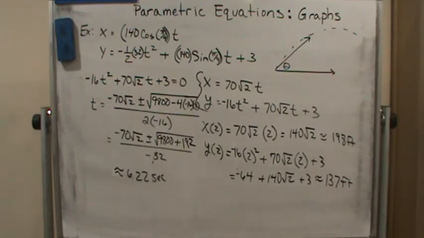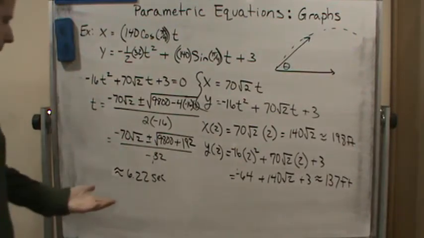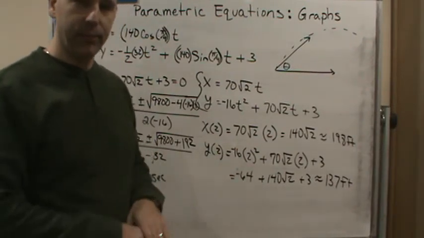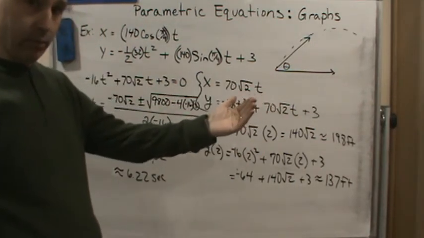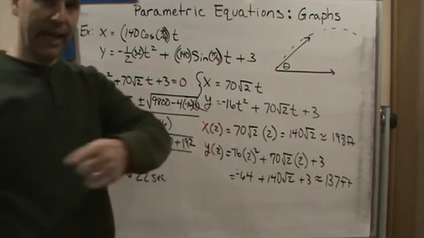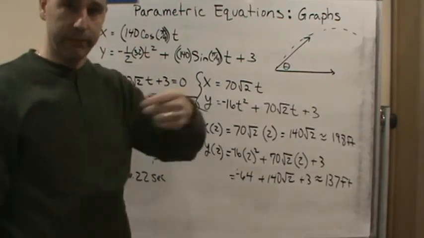And the final question they're asking is, is it a home run? Well, the thing is we don't know, because they don't give us that information. We don't know how far it needed to be hit, because again, we don't know the baseball field.